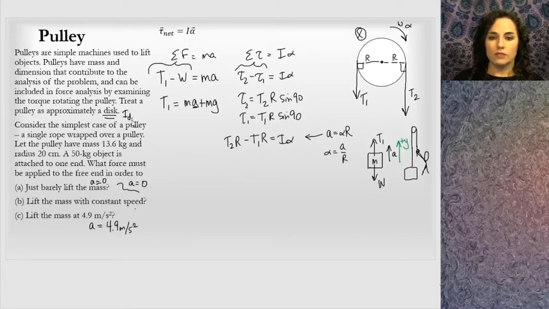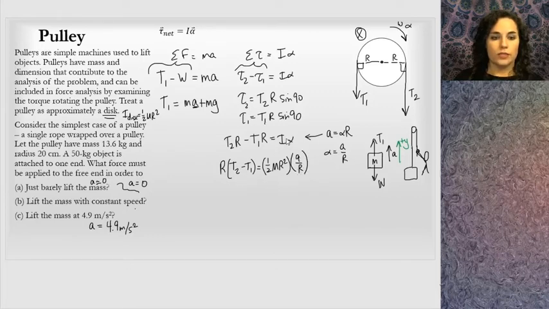And I of a disk is 1/2 mr squared. So I'm going to plug that in there as well. So I'm going to pull an r out. R times T2 minus T1 equals, okay, the moment of inertia goes in here, 1/2 mr squared, and then the alpha goes here, a over r.